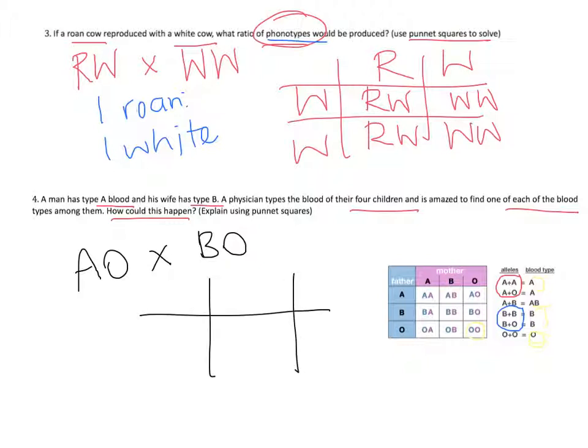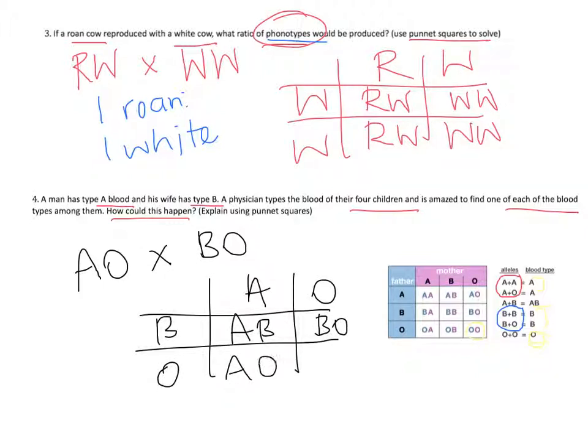We draw up our Punnett Square: AB, BO, AO, and OO. As we can see from our resulting crosses, we have 1, 2, 3, 4 different blood types being shown in our offspring.